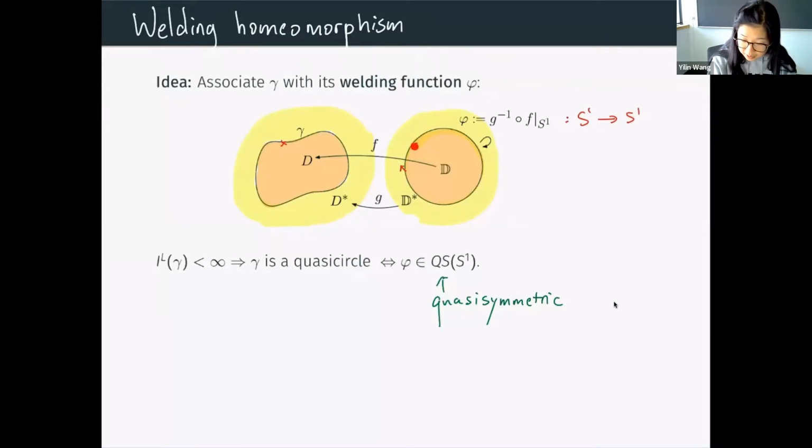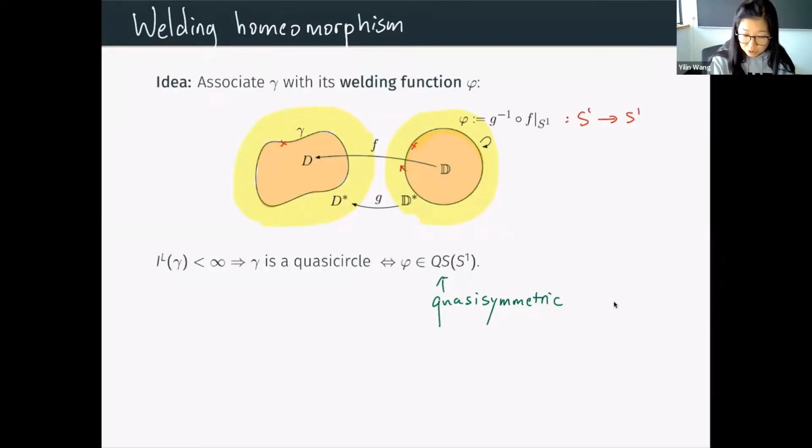Say this point here is mapped to a point on gamma by f. And when you go back with g inverse, it will send this point to some other point on the circle. And this map phi, from this point to this point, is a homeomorphism of the circle. And we have seen that if the Loewner energy is finite, then gamma is a quasi-circle, which you can take as a definition of saying that the welding homeomorphism is quasi-symmetric.